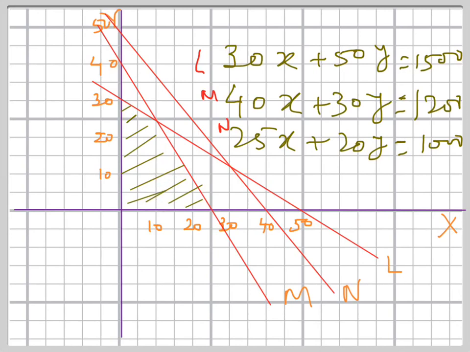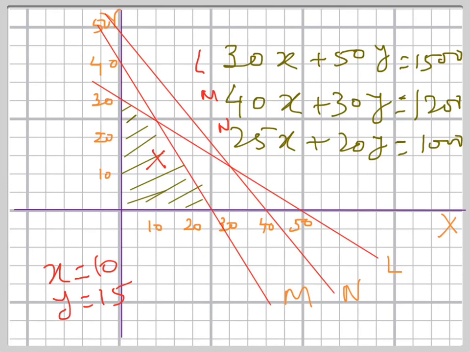So take any point, like say if we take a point here. Now this point is x equal to 10 and y equal to 15. And since this is in feasible solution space, it is a feasible solution, and you can check that it satisfies all the constraints.